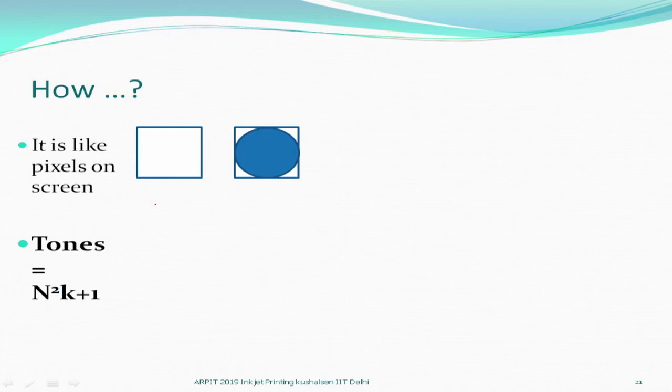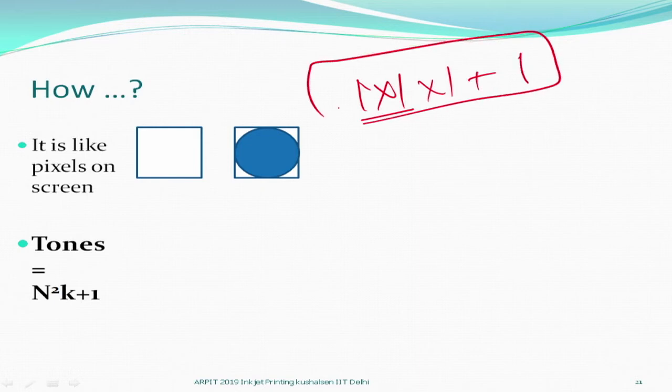Let us say, for example, I have only one area where I can put some color. So, the matrix is 1:1, multiplied by 1 color, plus 1. This gives you 2 possibilities, either there is a color or there is no color, all right.